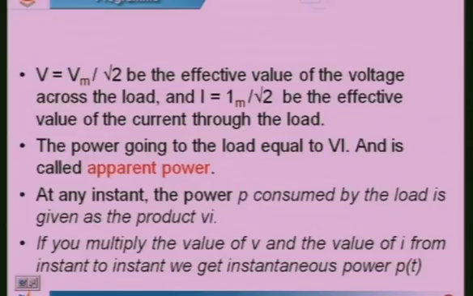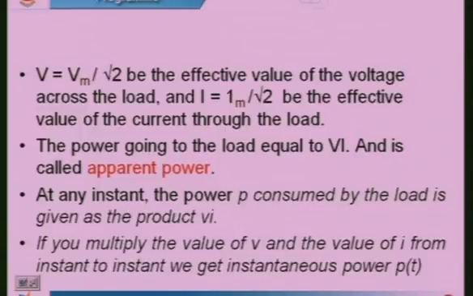So the RMS value of the voltage, as per the definition, I write as Vm by root 2, or you can also call it the effective value. This is the value of the voltage applied across the load. So the current passing through the load, if the current has a maximum value of Im, I is equal to Im by root 2, the effective value of the current through the load.